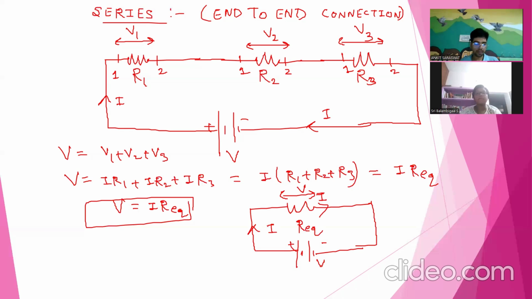Sir, my confusion is that some household appliances run on electricity using series, then how will current be split? Series means current is constant. Same current is going through R1, R2, R3. Clear?